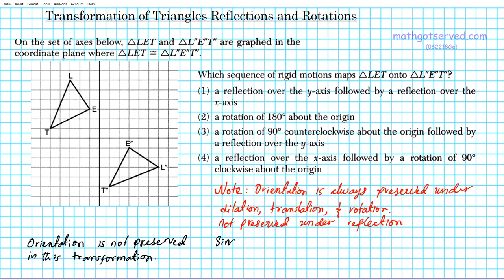Since the orientation is not preserved, then we know that a reflection must be a part of the transformation.